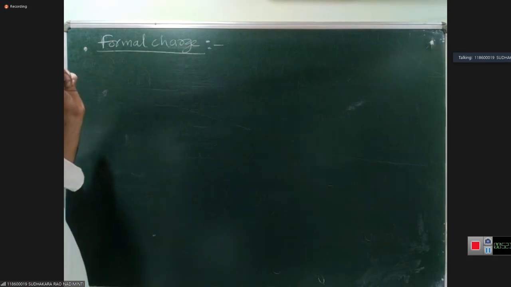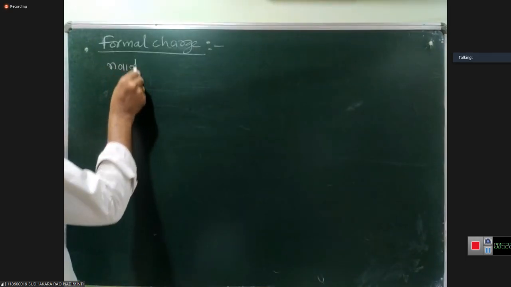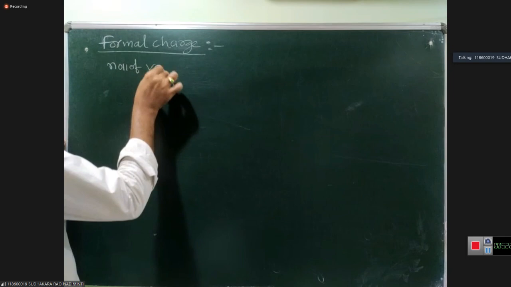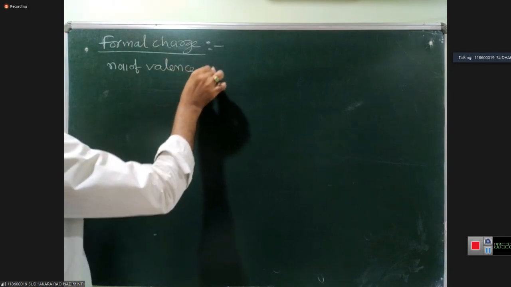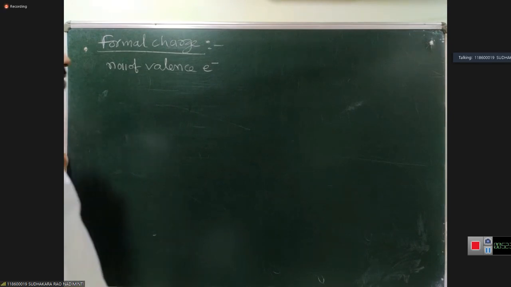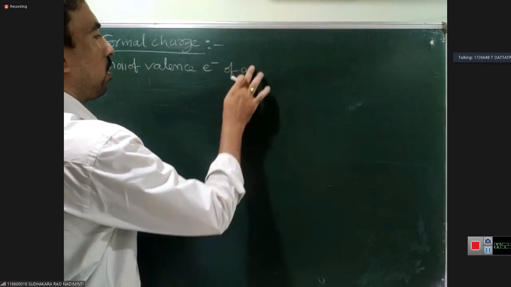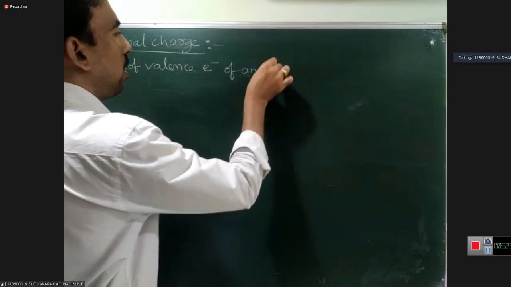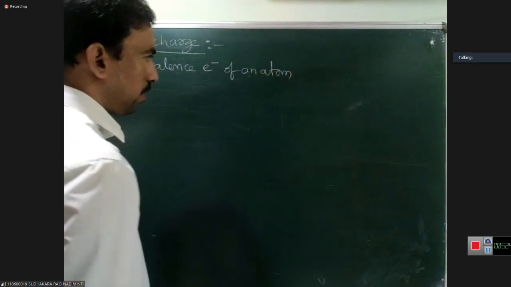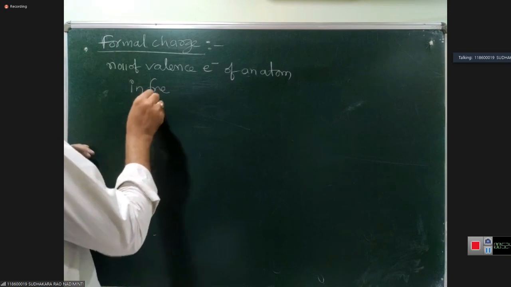The formal charge is the difference in the number of electrons assigned. So number of valence electrons of an atom in free state.